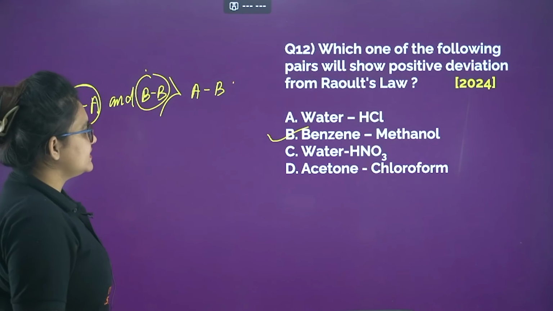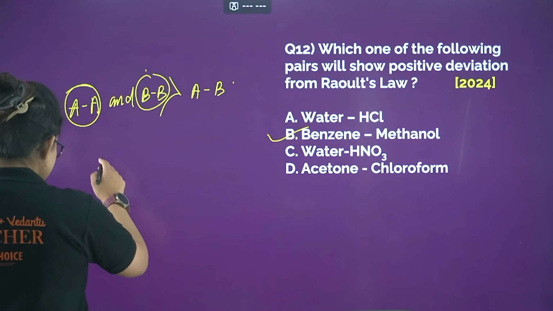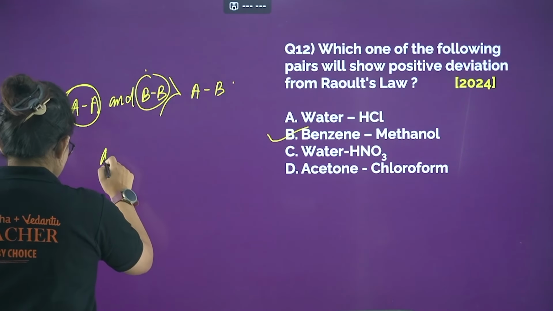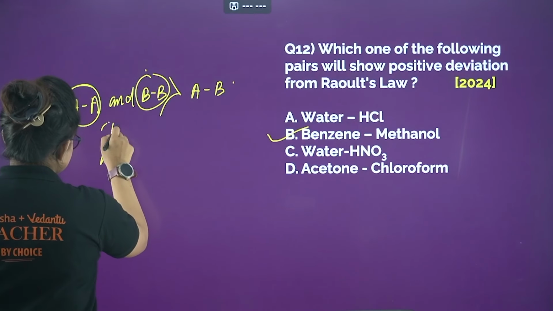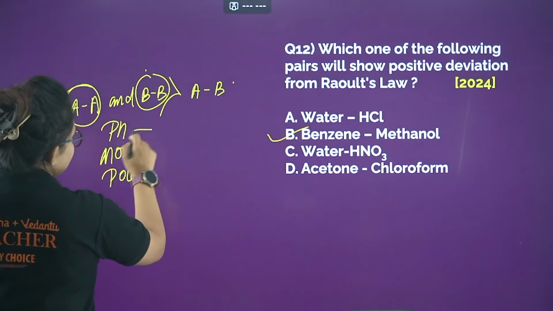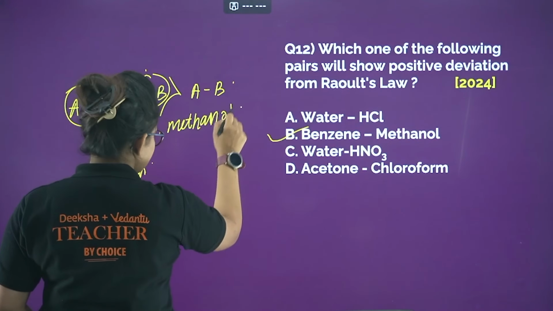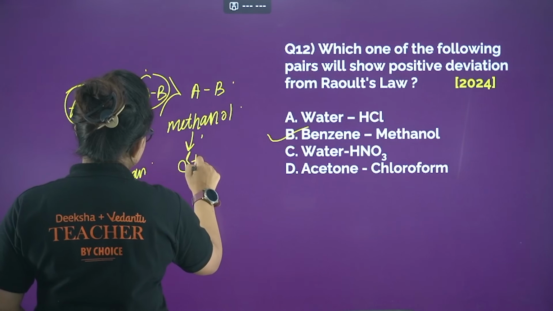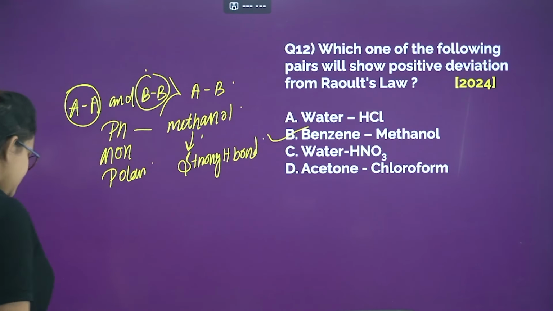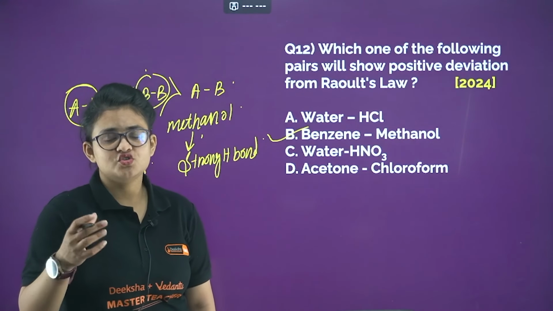Why is it like that? Because if you see option B, that is benzene. For benzene, between two benzene molecules I have a non-polar compound, right? And with methanol, I have strong hydrogen bonding.